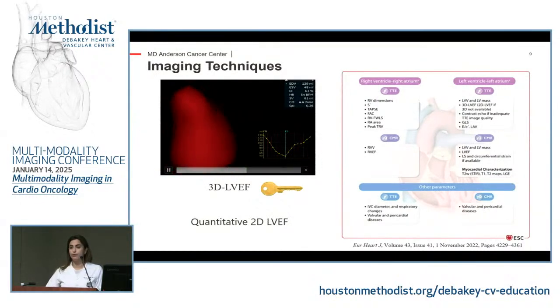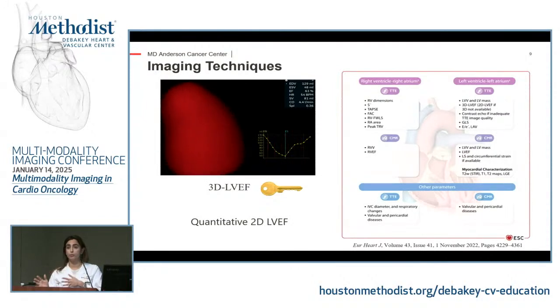In our lab, and the consensus statement, all cardio-oncologists are moving towards a 3D LVEF. So the majority of our patients are getting 3D LVEFs, and you report, just like CMR, a single value LVEF, because this is how you monitor it over time. If you're looking for a percentage point, it's very difficult when you're giving a 5% range. A 50 to 55 is not going to cut it.